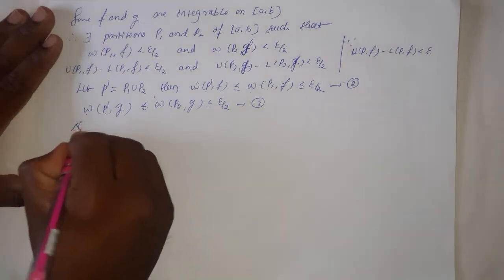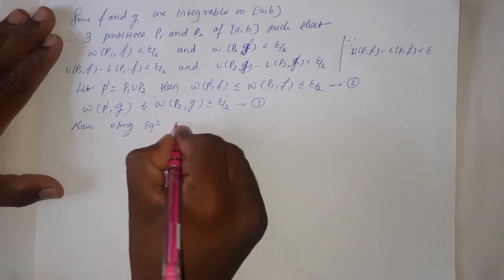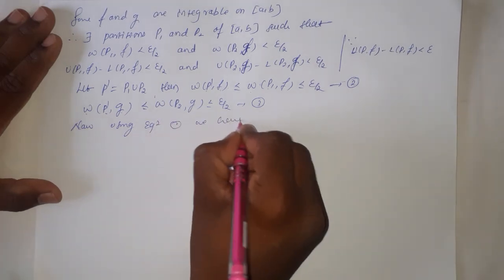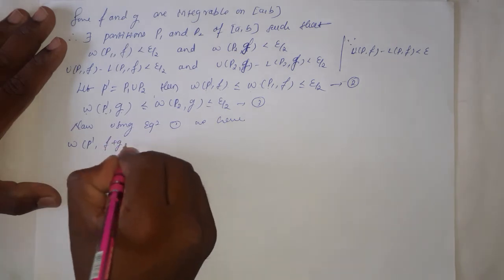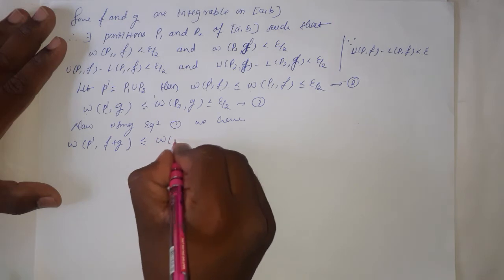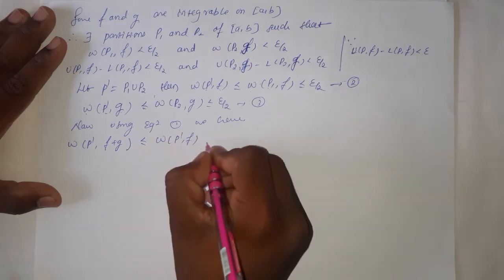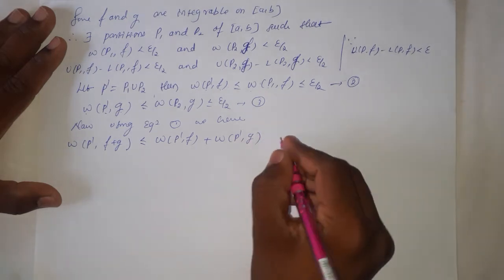Now, using equation 1, we have W p dash f plus g is less than or equal to W p dash f plus W p dash g.